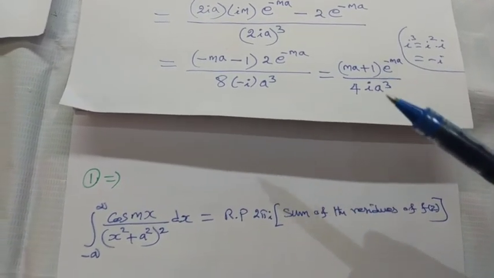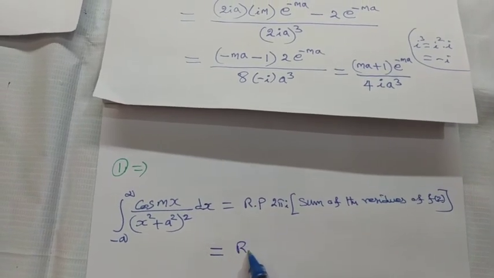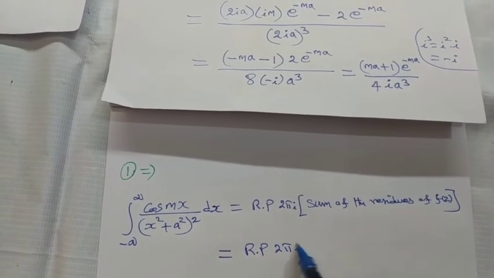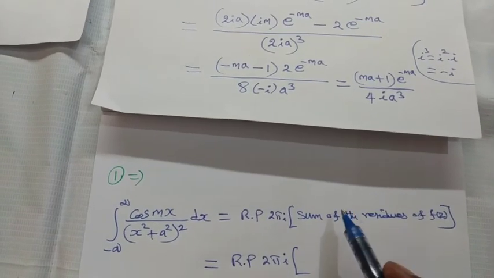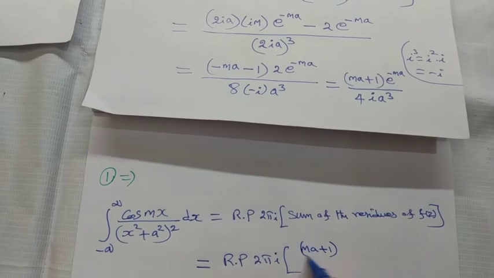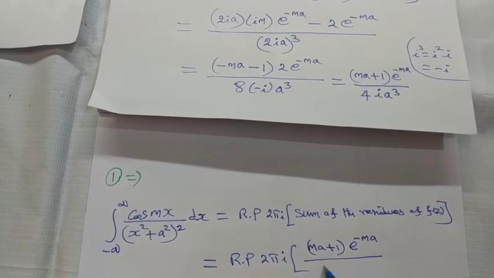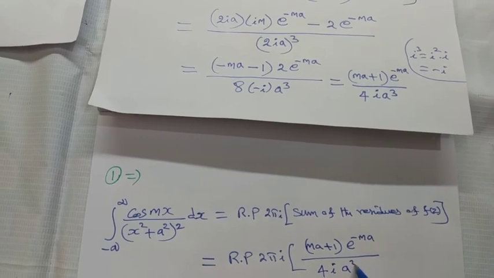I am going to substitute it in the first equation. Okay, so the formula is the real part of 2 pi i into the sum of the residues, and there is only one residue. What is the residue? (ma plus 1) into e power minus ma by 4i into a cube.